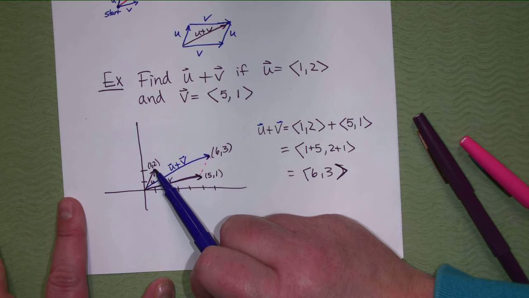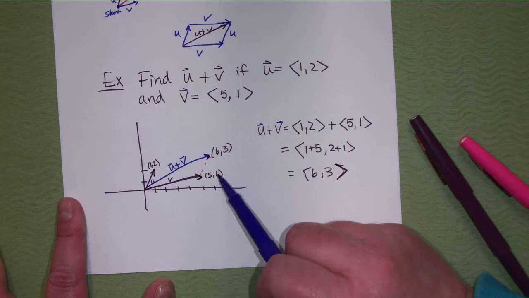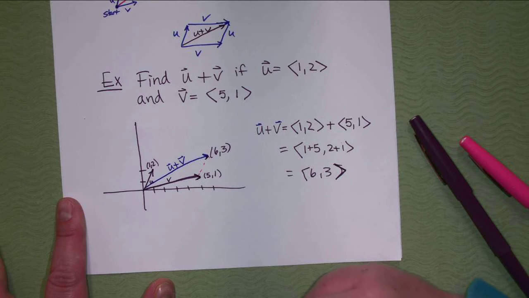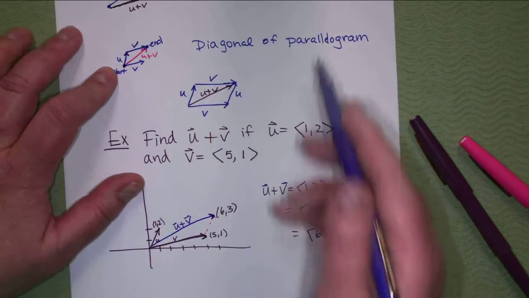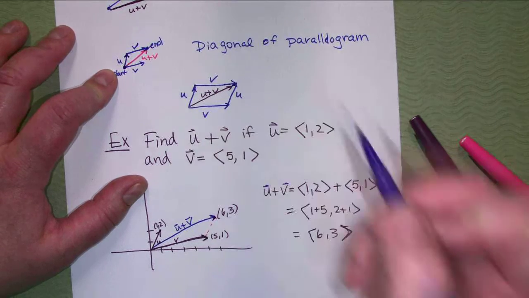So from 1, we go over 5 to 6. And then we want to go up 1, so from 2, we go up 1 to 3. So you can do it that way. That's what I was illustrating up here. You take U, and then on to the end of U, you add V, and that would be your end point, where you would end up.